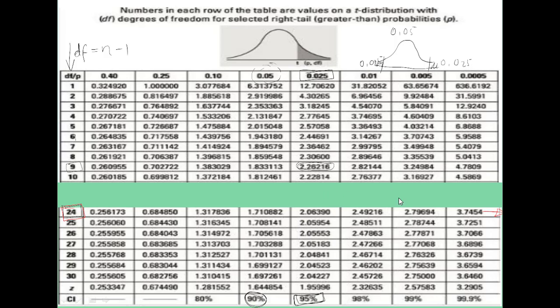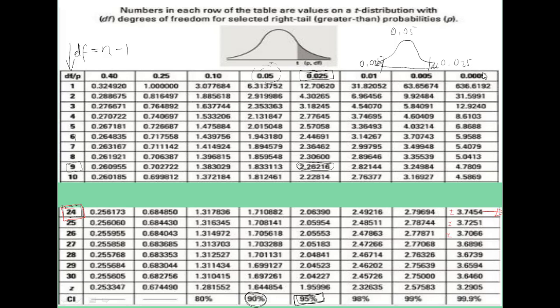So for instance, this 3.7454 also represents negative 3.7454. So this is plus minus. All of these numbers are sort of plus minus.